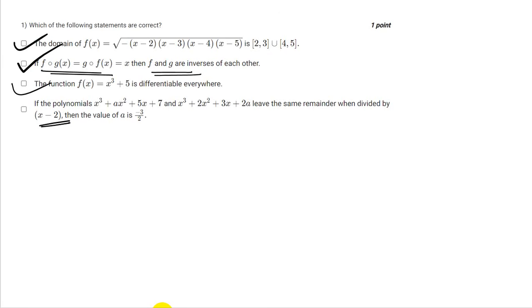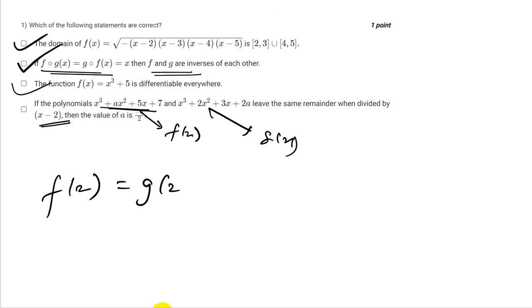Okay, so if we take this as f(x), okay, and this as g(x), then what we can say by the remainder theorem for the polynomial is that f(2) is equal to g(2).